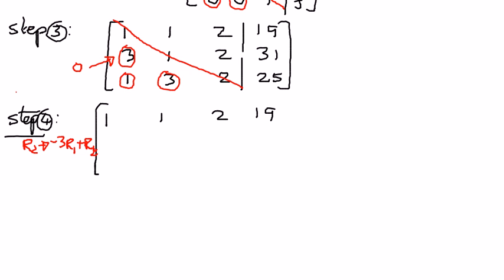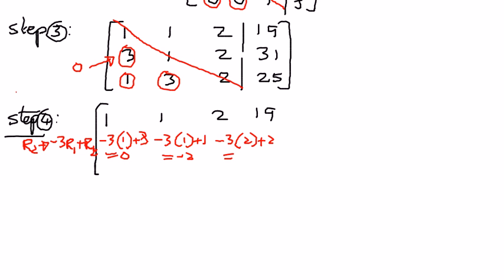So to achieve that, we're going to perform this operation. Negative 3 times 1 plus 3. 3 plus 3 is equal to 0. Then the second element here is negative 3 times 1 plus 1, which is equal to negative 2. And then the third element here is negative 3 times 2 plus 2.